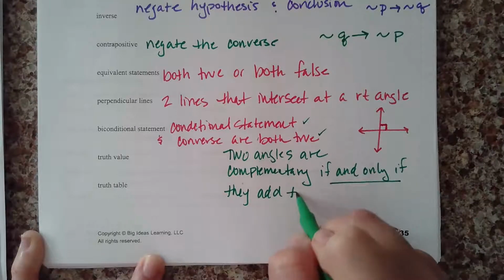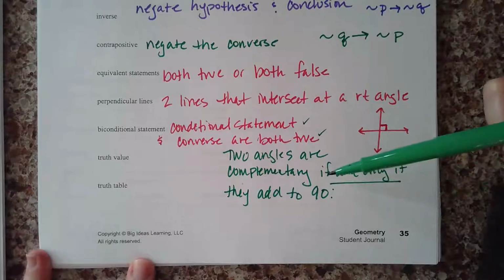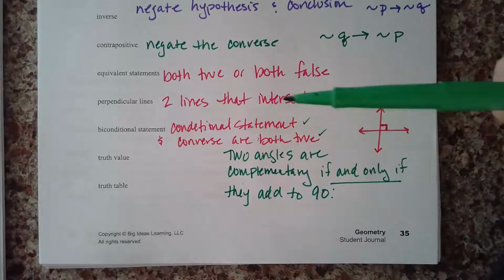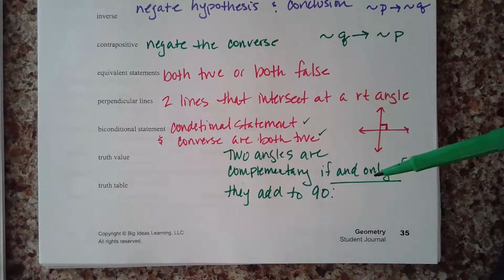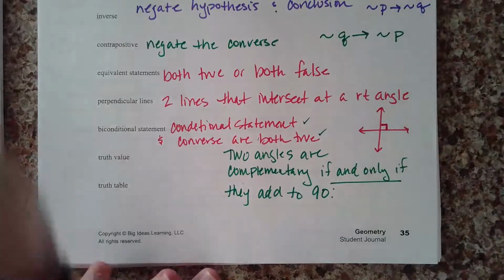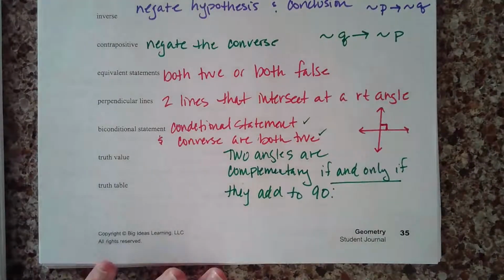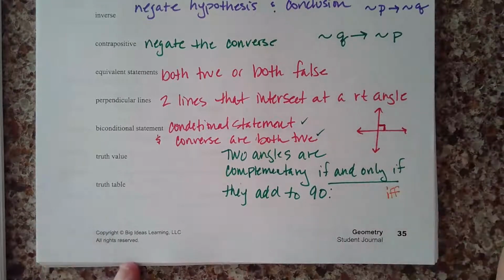In a biconditional, we take out the traditional if this, then that, and we write it as a very specific statement, like it's always going to be true. So we use this if and only if. I just want you to know that a lot of math books will abbreviate this, and I like to abbreviate this. Instead of writing if and only if all the time, I write IFF, which means if and only if. But again, just to make sure that you understand that.